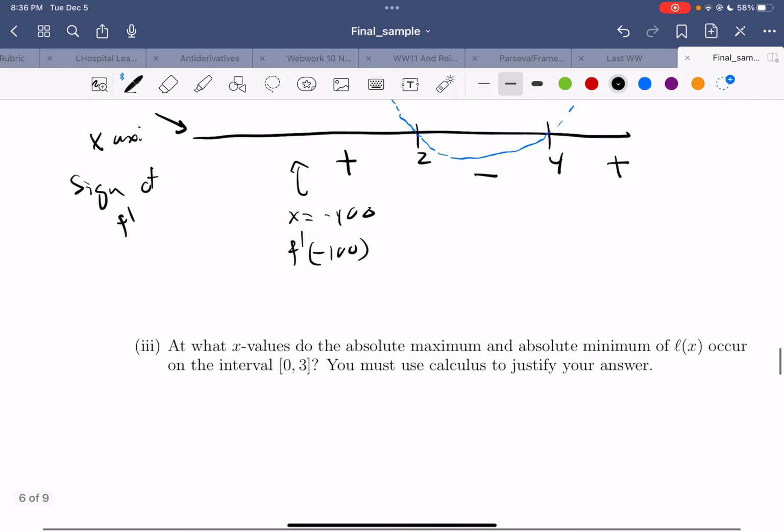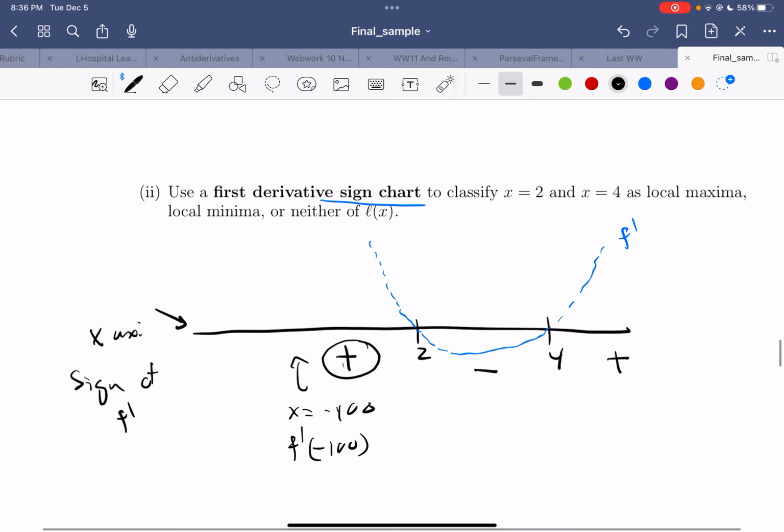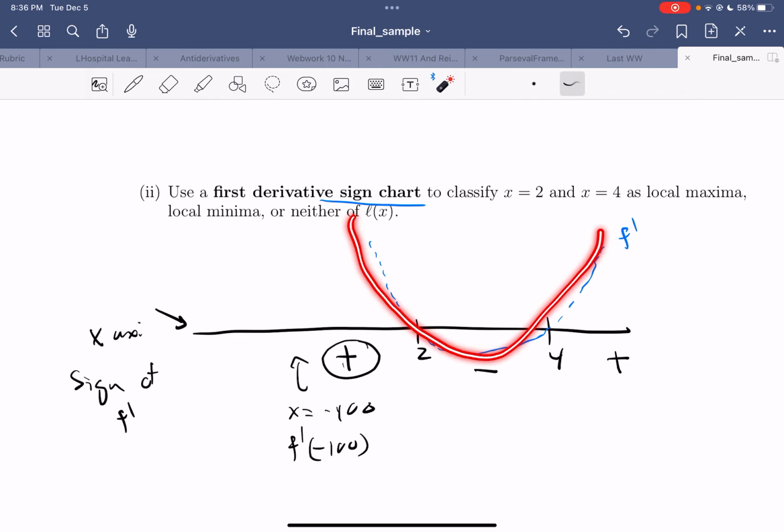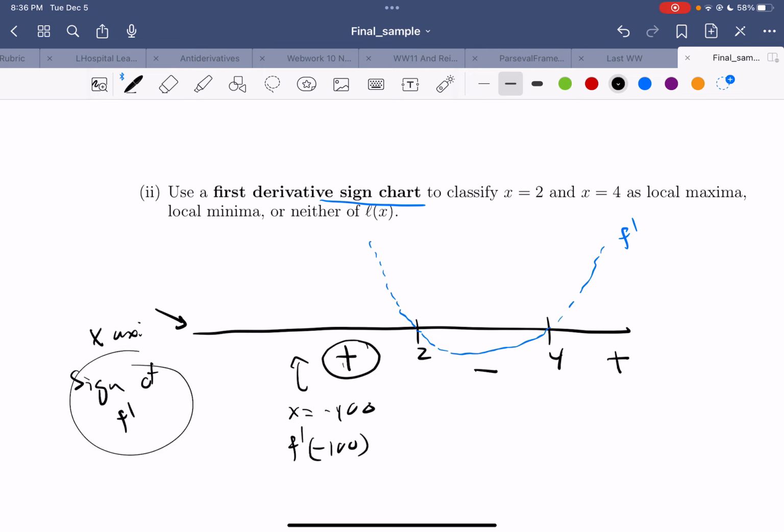And a negative times a negative is positive, and so that's this positive here. But if you know you have a parabola that opens up, then you sort of know you have this shape, and so you know you're up here in the positives when you're in this region. So anyway, you can plug in numbers, or you can sort of know what a parabola looks like. But regardless, we now have the sign of f prime.